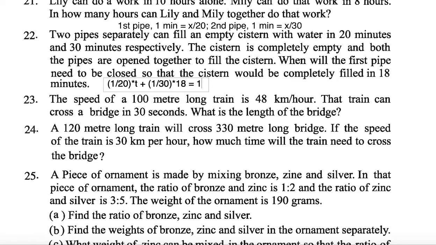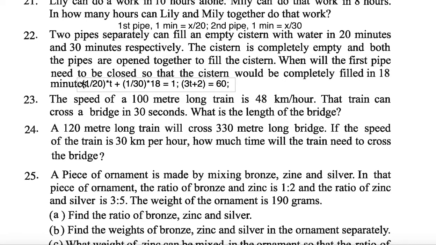Right. What you need to do is take the LCM. What is the LCM in this case? 60 is the LCM, so 60 on the denominator. What is on the numerator here? This is 3t plus 2, equal to 1, or equal to 60 in this case now.